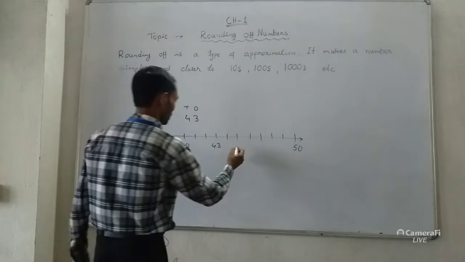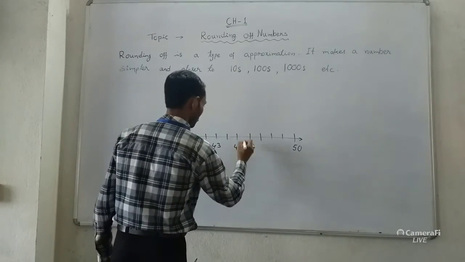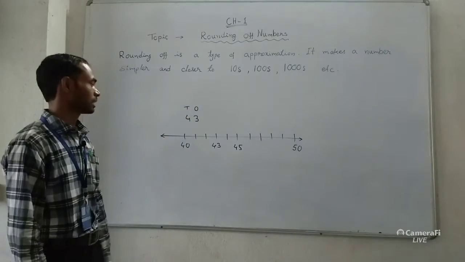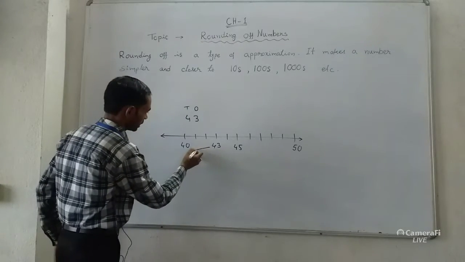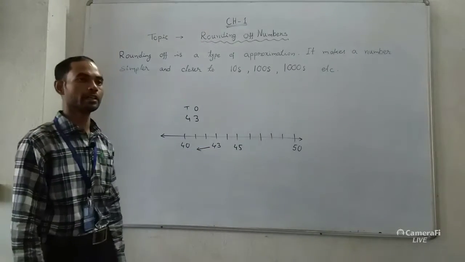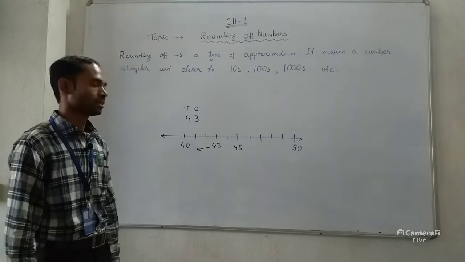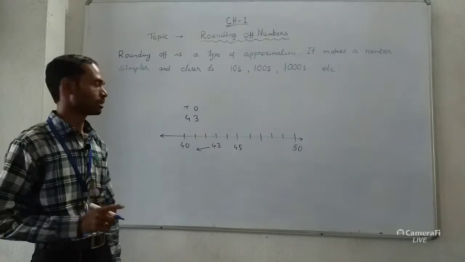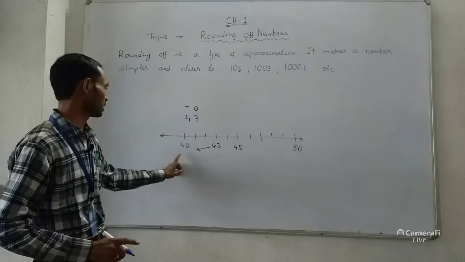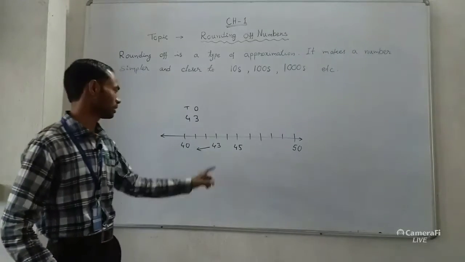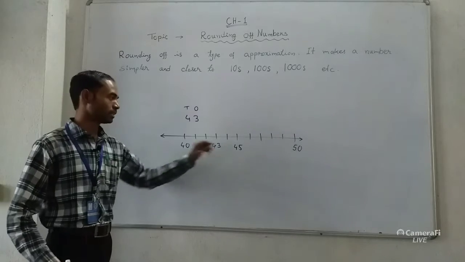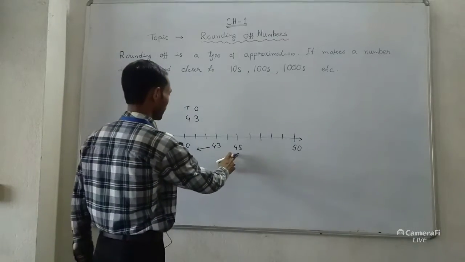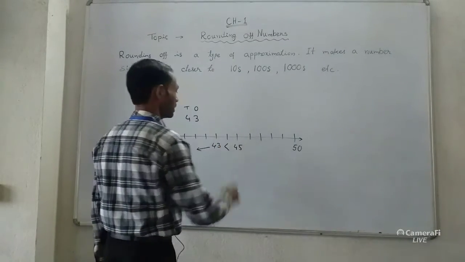Now this is the 45. Now you can easily check that 43 is closer to 40 in its 10 place. The two 10 places between which 43 lies are 40 and 50, but 43 is closer to 40. And you can check here that 45 is greater than 43.